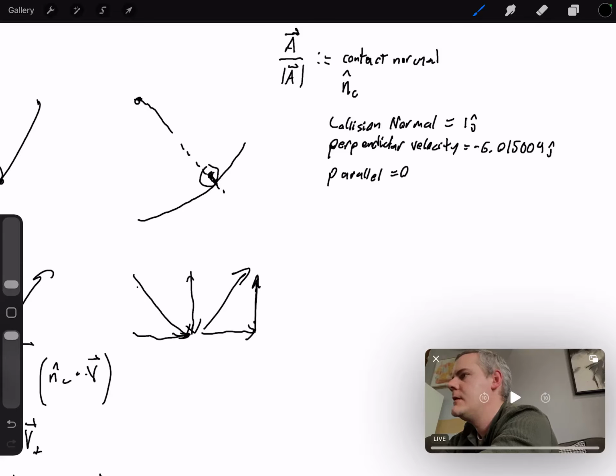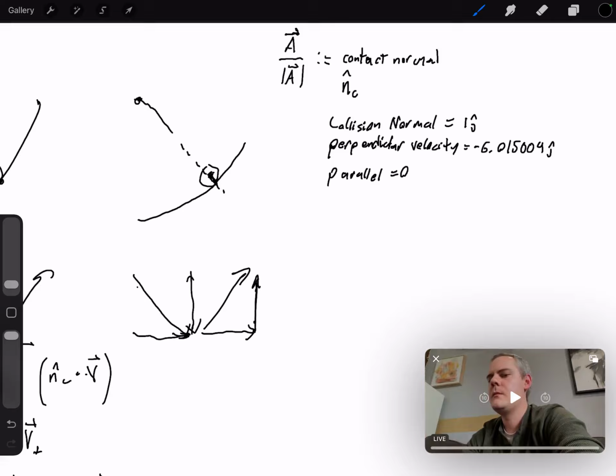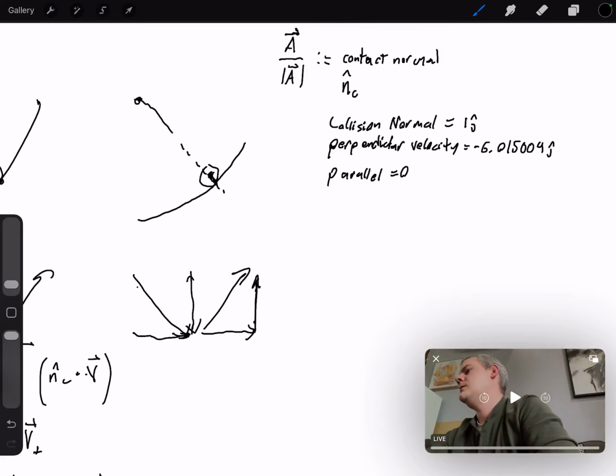Bounce. Bounce, how bouncy? No, don't tell me. .95. Oh, it's getting very close. It's getting very close to working.